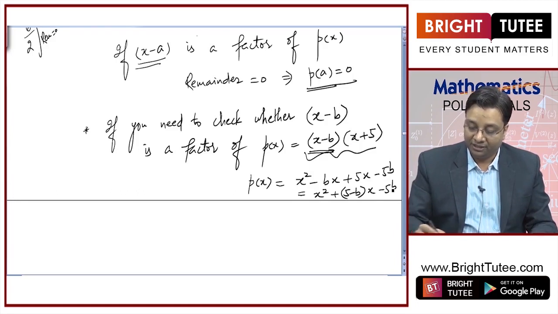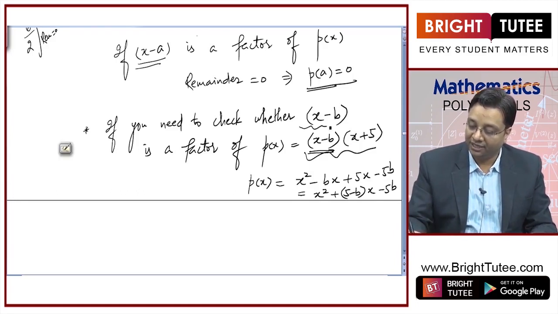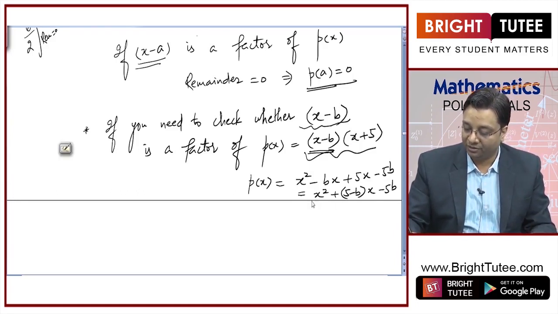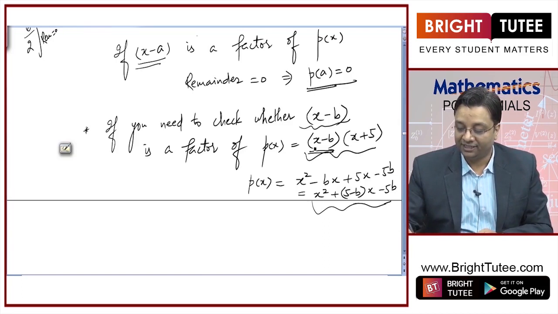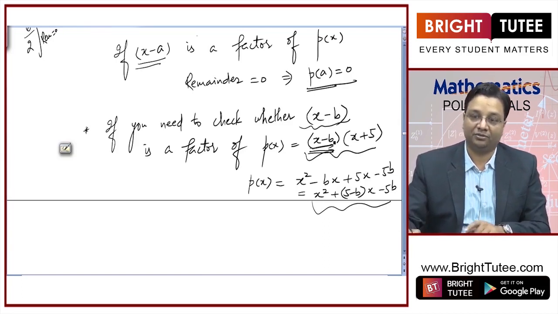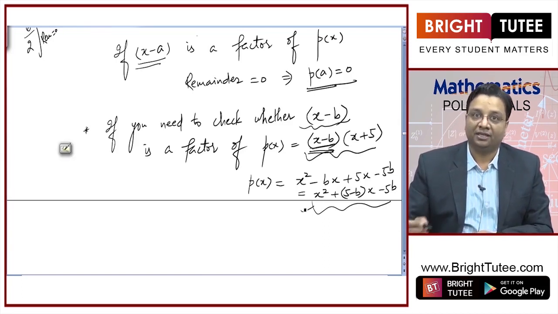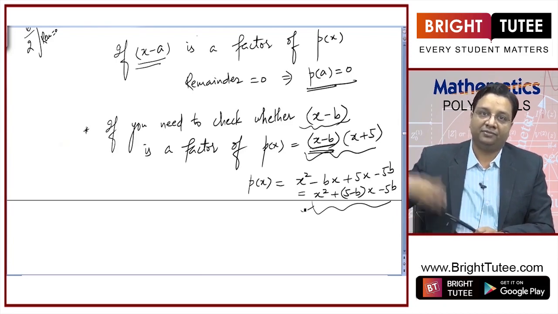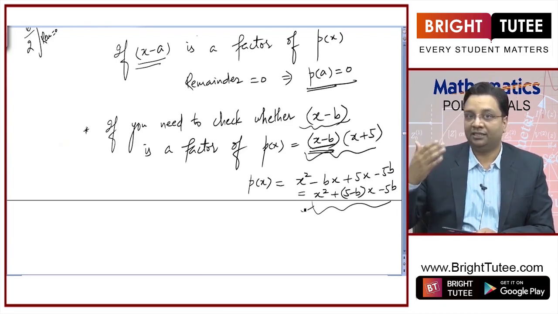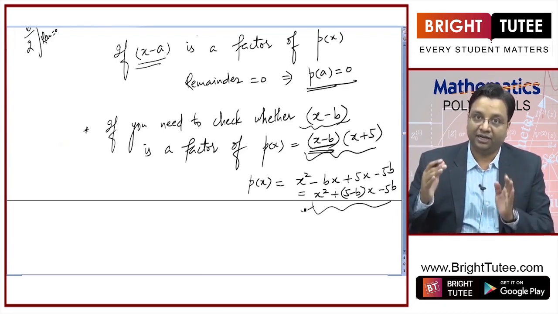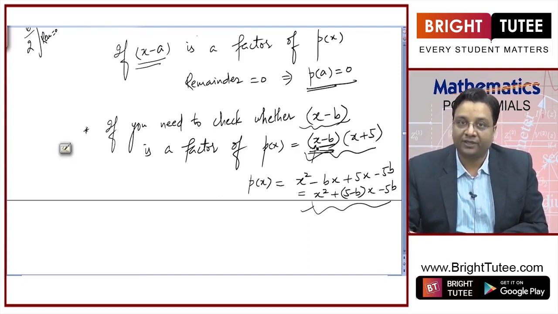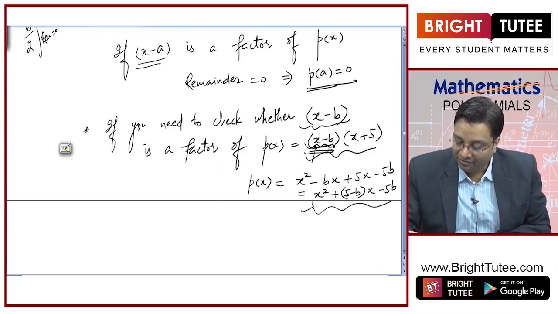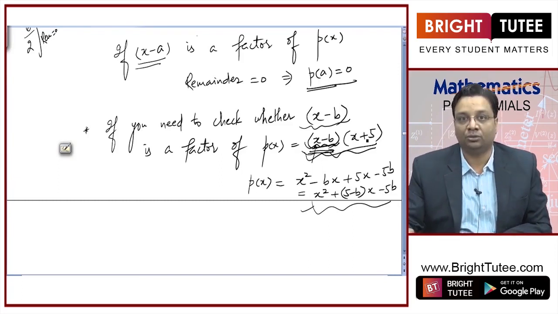Now if the question is, you need to check whether x minus b is a factor of this polynomial, how would you check it? You cannot directly see that x minus b is a factor of this polynomial. But if it is a factor, whether we can directly see it or not, and I put x equal to b, then this factor will make the entire expression 0.